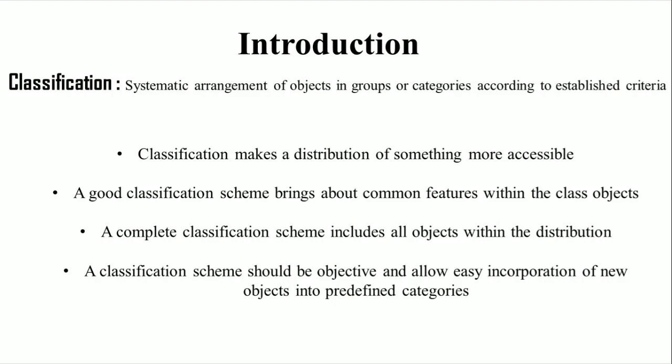If it is objective enough, then it will be easy to add any new object into the predefined classes that we created based on the criteria. So whenever we look at a classification, we have to remember these points. Now let's move a bit closer to the topic at hand, and let's look at an example of classification in astronomy.